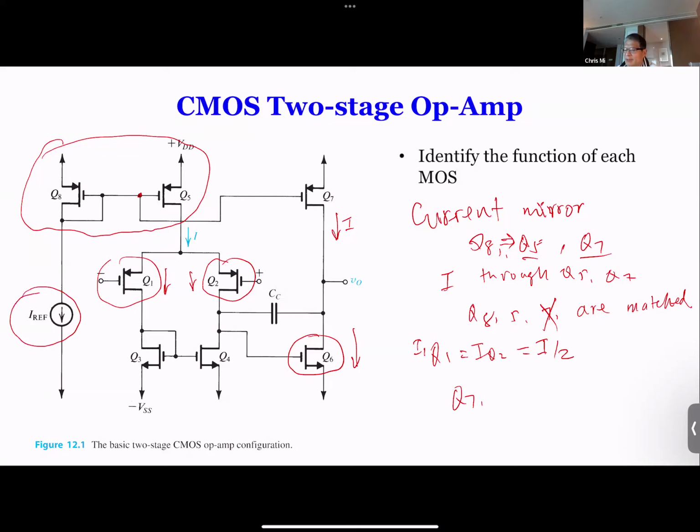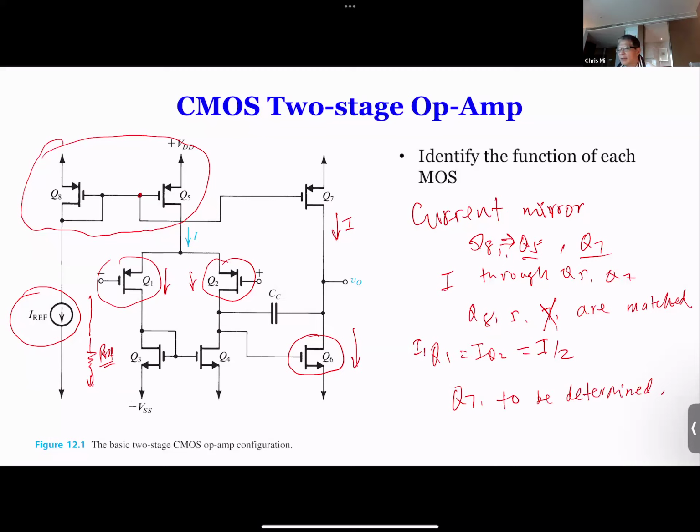This R reference can be another current mirror or current source that you build. It can actually be replaced simply by a resistance here, and you can basically create this current value right away. So we're going to leave Q7 to be determined.